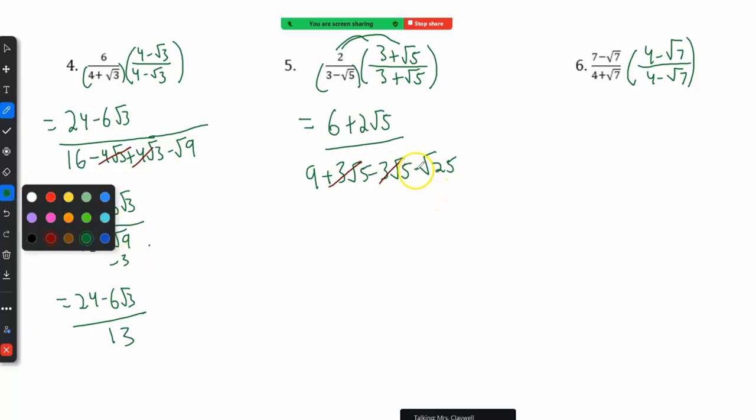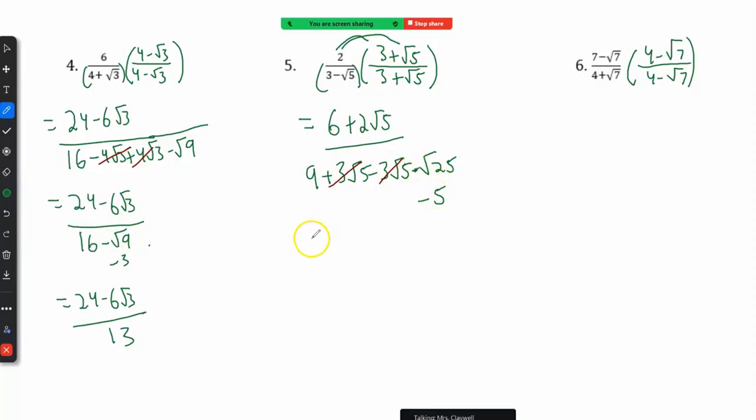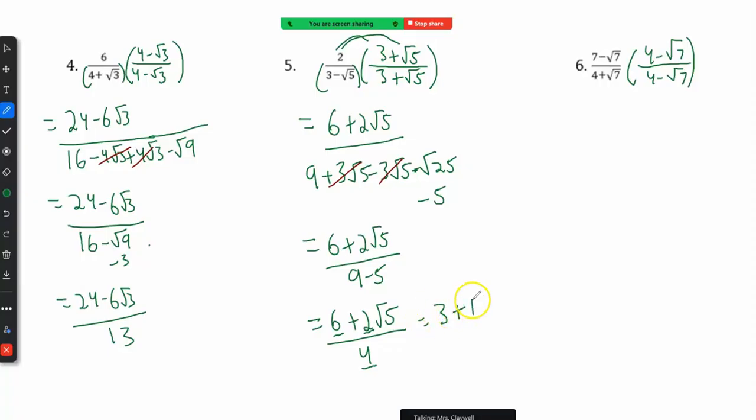So remember, this is the same as like a minus 5. And then 6, 2, and 4, I can divide all of them by 2. So I did each of those by 2. Last one here.